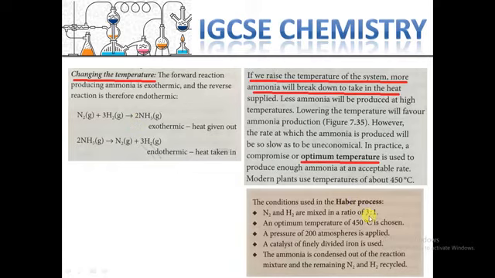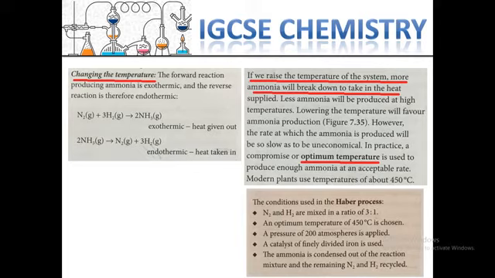So that means 3 to 1. So we need to follow the ratio in the reactants. An optimum temperature of 450 Celsius is chosen. A pressure of 200 atmospheres is applied. A catalyst of finely divided iron is used.